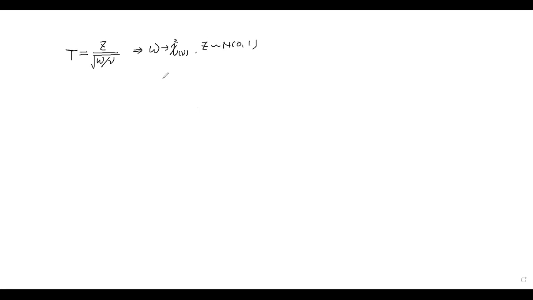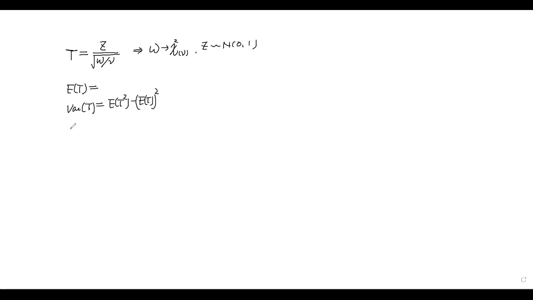So the reason why we want to calculate 1 over X, if X is a chi-square, is that it will be very useful when we try to find the mean and the variance of the t. To find the variance of the t, we will need E of T squared minus E of T, squared.